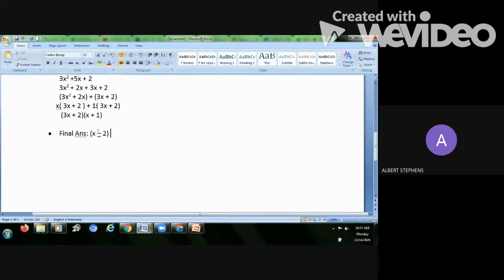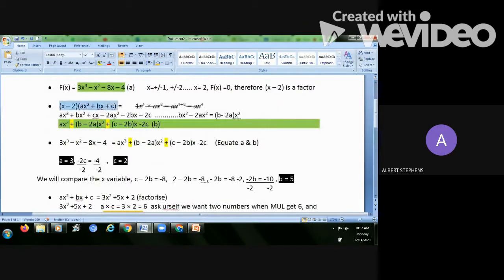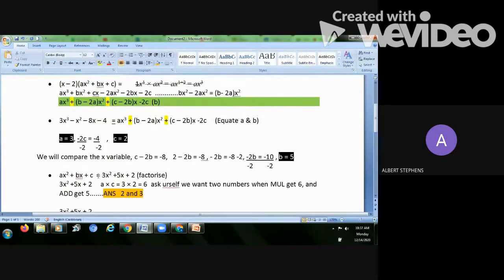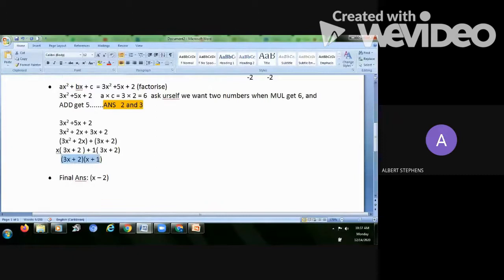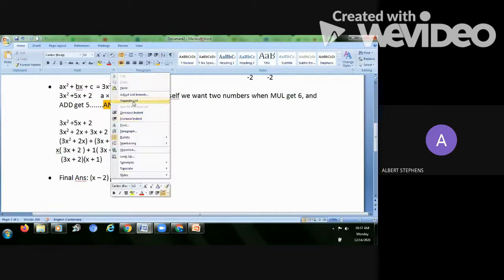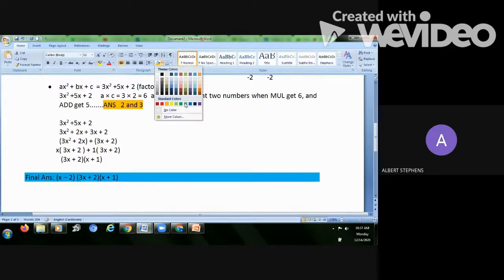Then what we did is equate this to find A, B, and C. Then we put it back into this, factorize it, and we end up with this. So this would have been your final answer.